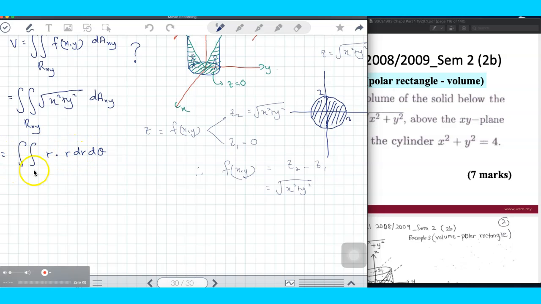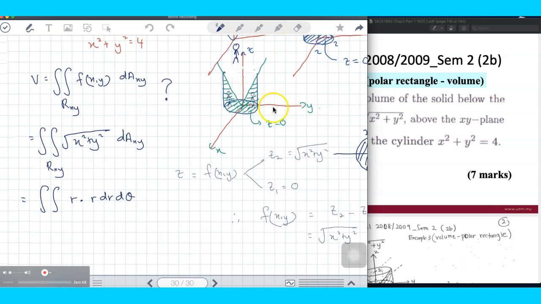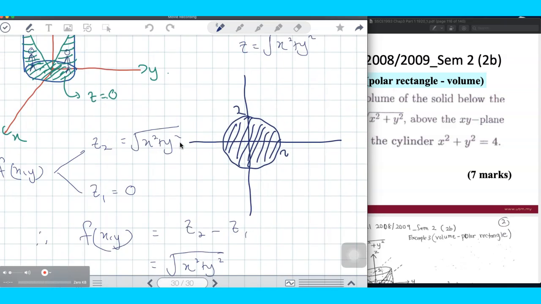To determine the limits here, you just look at the region. To determine the integrand, you have to look at the solid. That is the thing that you have to know. Don't mix up everything. The information from the solid that you sketch is only to determine the integrand. But to determine the order or the limits of integration, you just need to look at the region that you have. Okay, that's it. Don't mix up everything.